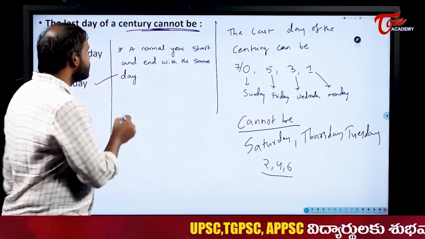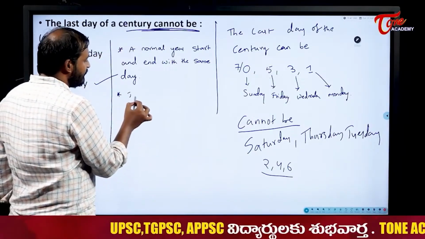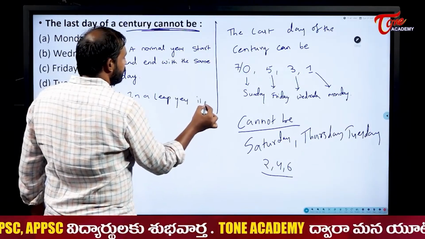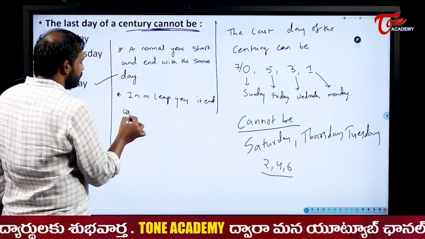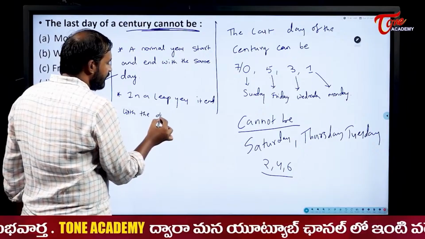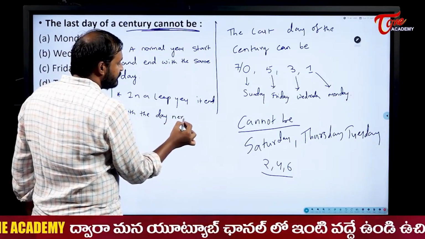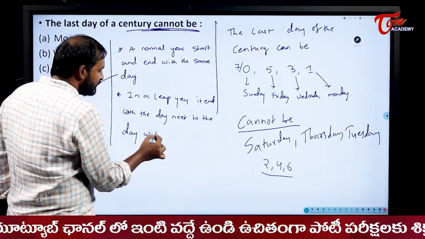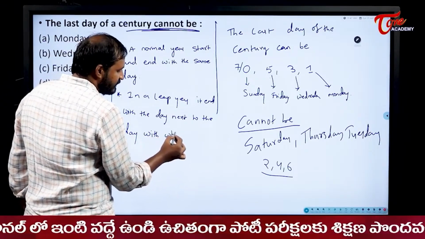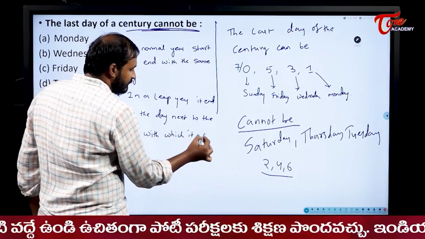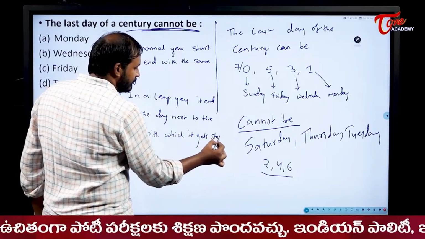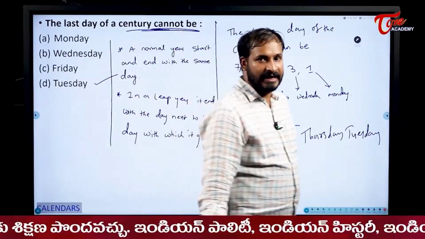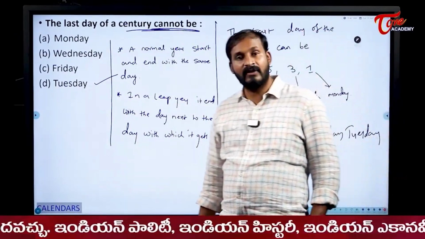But in the case of a leap year, it ends with the day next to the day with which it gets started. For example, if it is a leap year and it starts with Monday, that means January 1st is a Monday, then December 31st will become what?